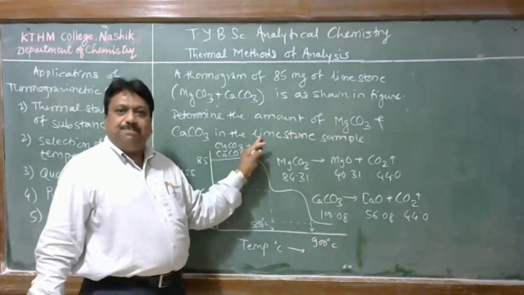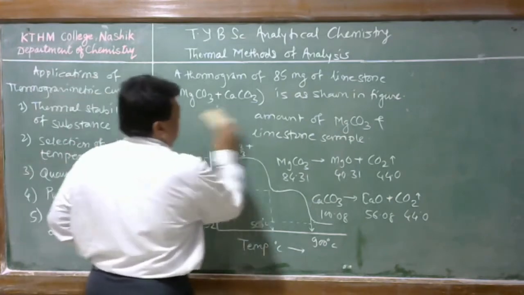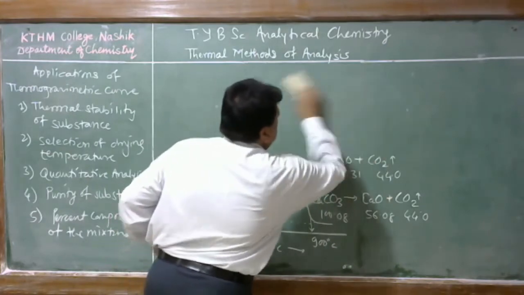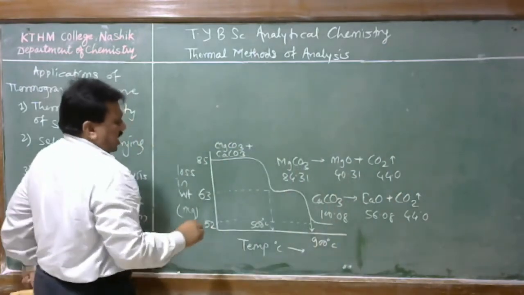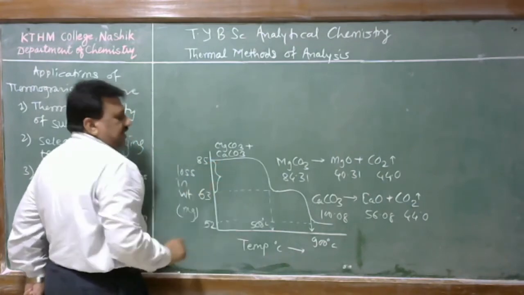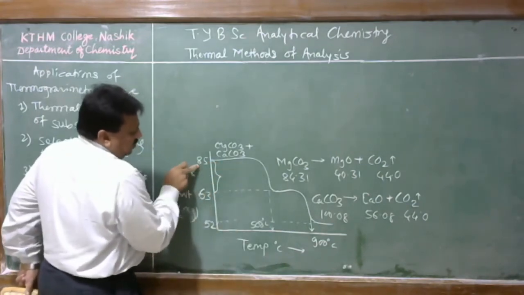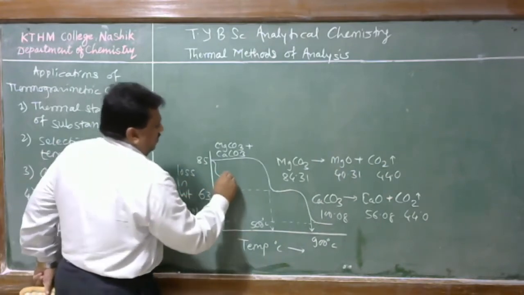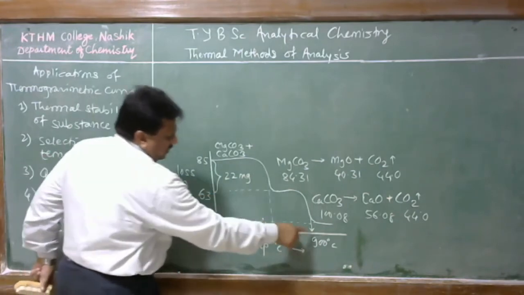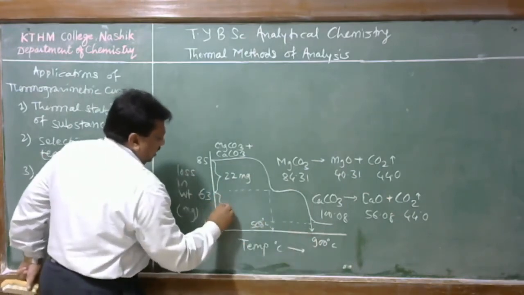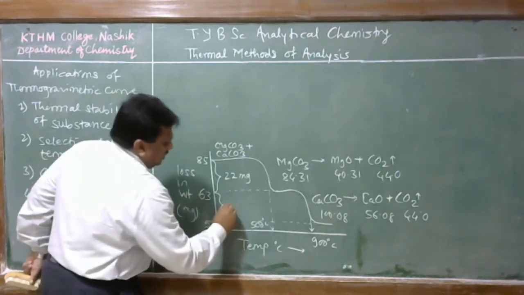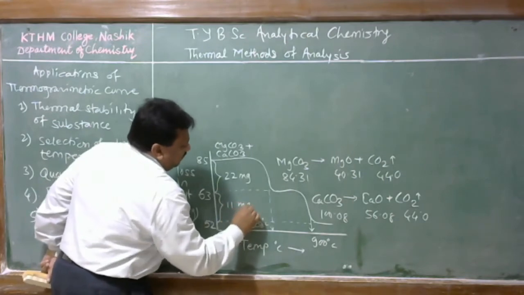in the limestone sample. When we observe the thermogram, it is clear that at a temperature of 500 degrees centigrade, the loss in weight is 85 minus 63, that means 22 milligram, and at 900 degrees centigrade, the loss in weight from 63 to 52 means 11 milligram.